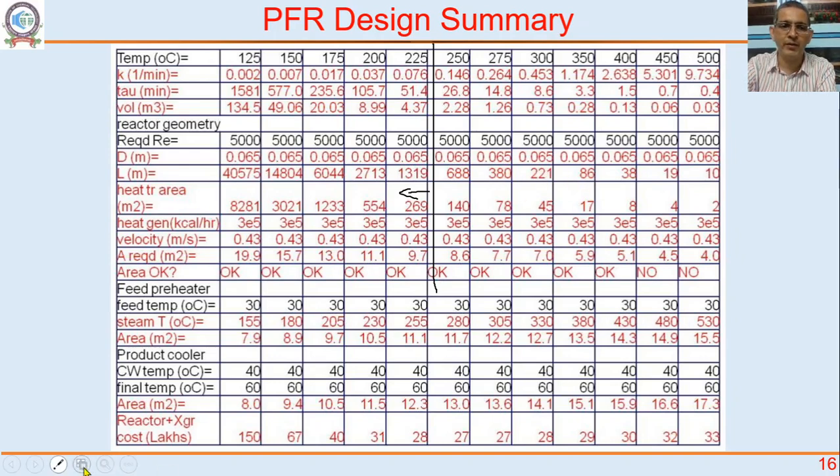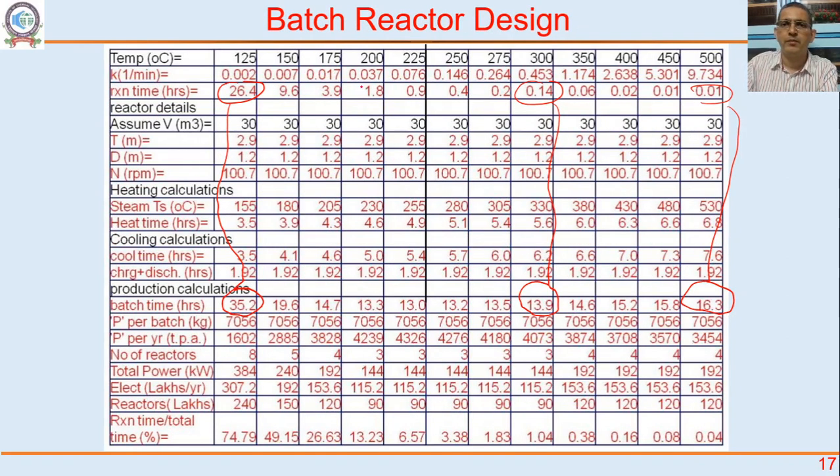So I can define two regimes. One is this regime where rate constant is very slow, very low, and plug flow is inconvenient. Whereas at high rate constant, plug flow is very convenient. For low rate constants, batch reactor is very convenient.